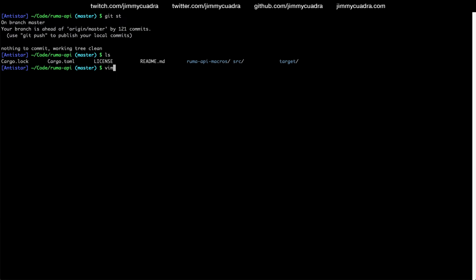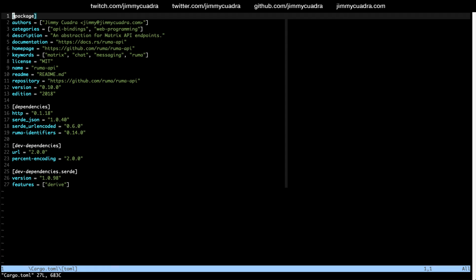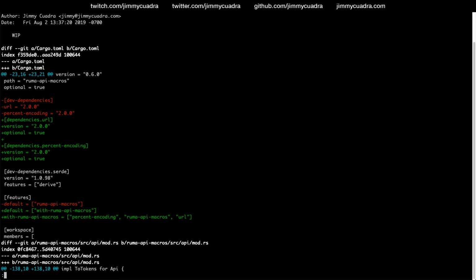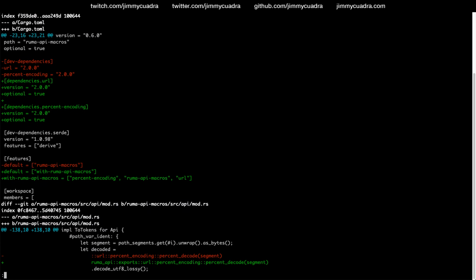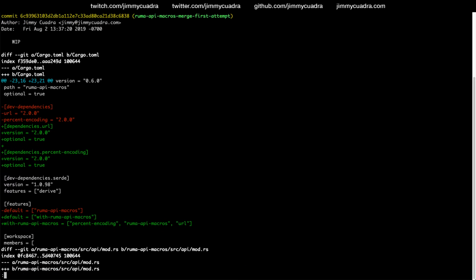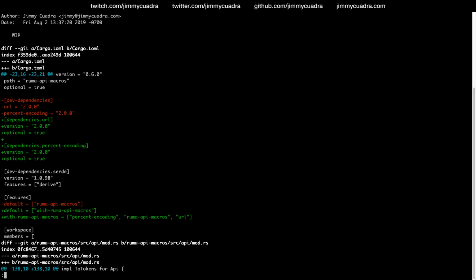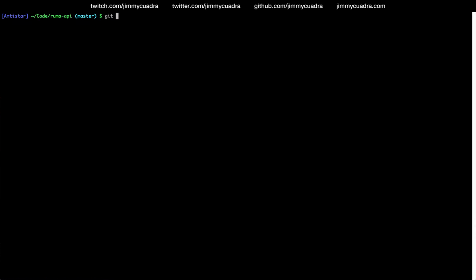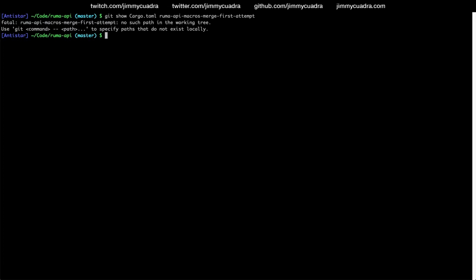Okay, so let's take a look at the cargo.toml at the top level. I think I want to keep this, and one of the additions... Oh, interesting. Did that not get saved? I guess what I really want to look at is git show cargo.toml Ruma API macros.